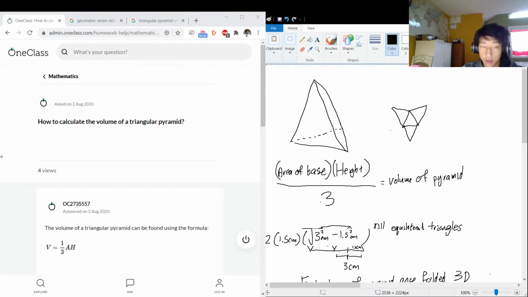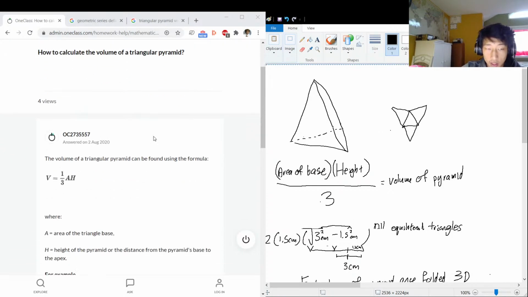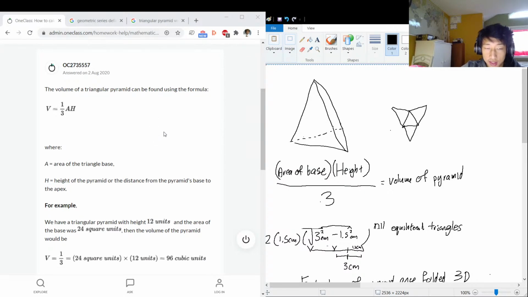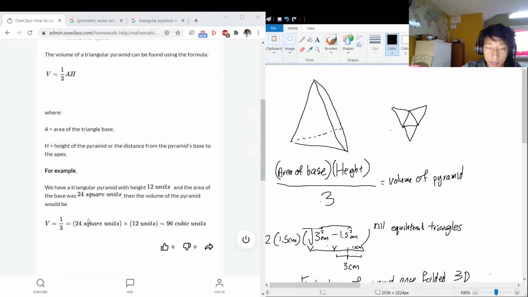Okay, so the solution here is really just saying, okay, yeah, it's just square units. I feel like we're talking about square base pyramids, but the equation is the same for a square base pyramid.